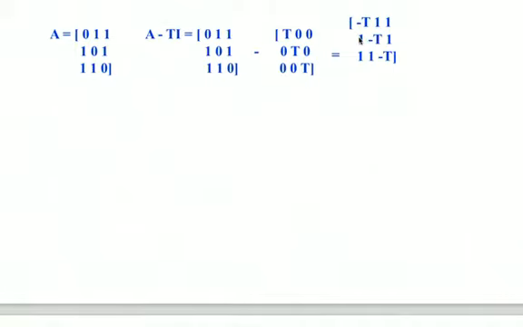So this is what A minus lambda I is. Just the main diagonal, since all the elements are zeros, they will be replaced with minus lambda here, as it is shown here.